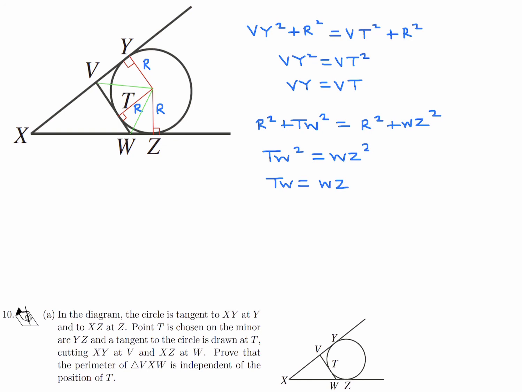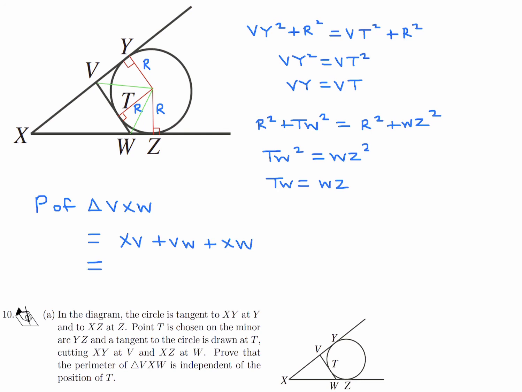So that's the first thing. Now, what is the perimeter of triangle VXW? The perimeter of triangle VXW is XV plus VW plus XW, right?